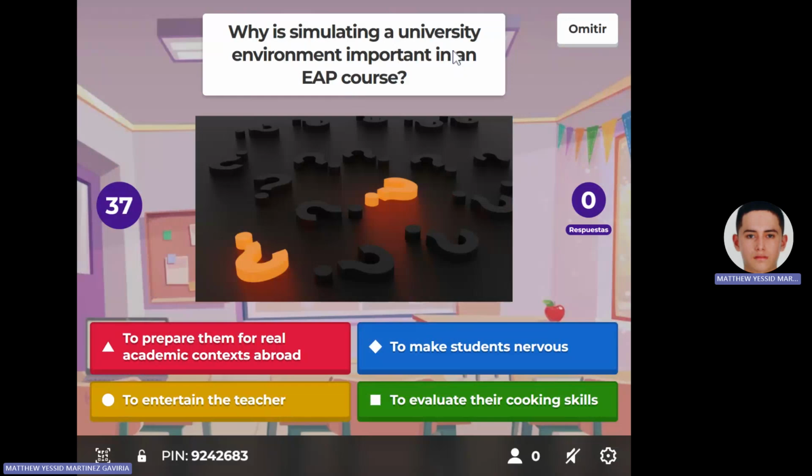That's important in an academic context with a university environment, because a course with real-life simulation prepares students for academic contexts abroad and increases confidence and abilities. So the correct answer for this question would be: prepare them for a real academic context abroad.